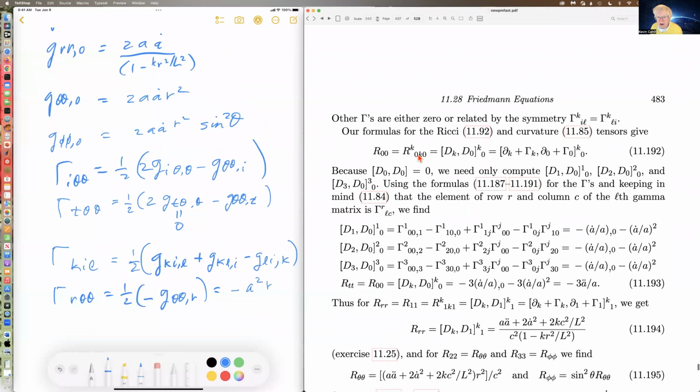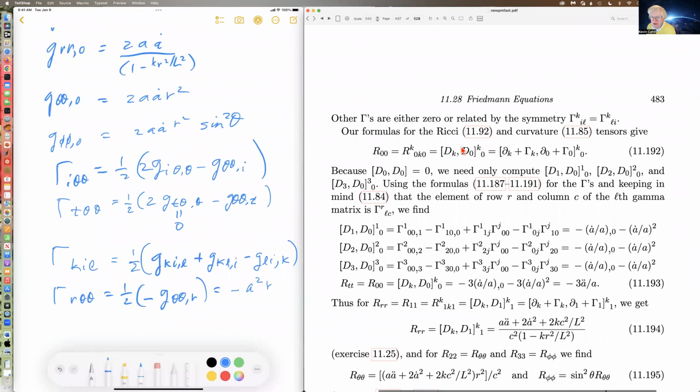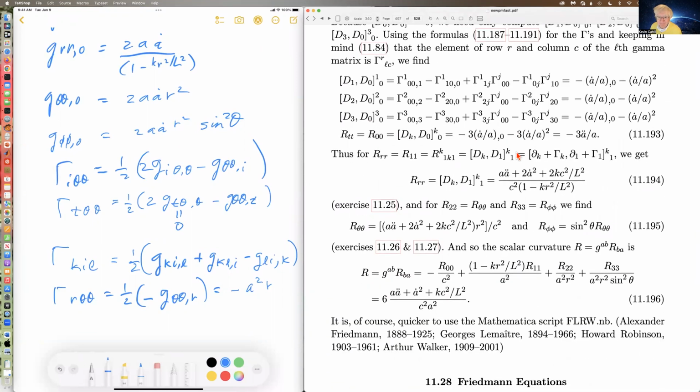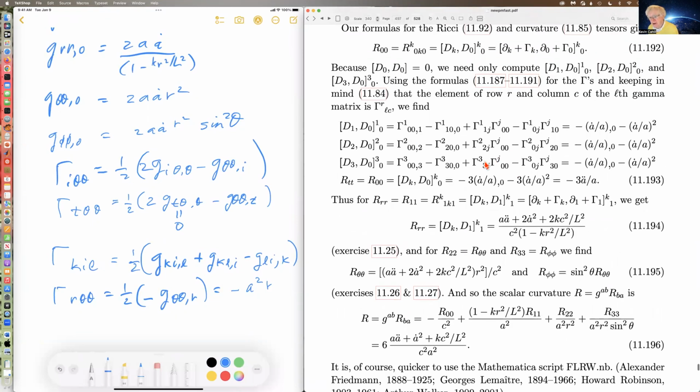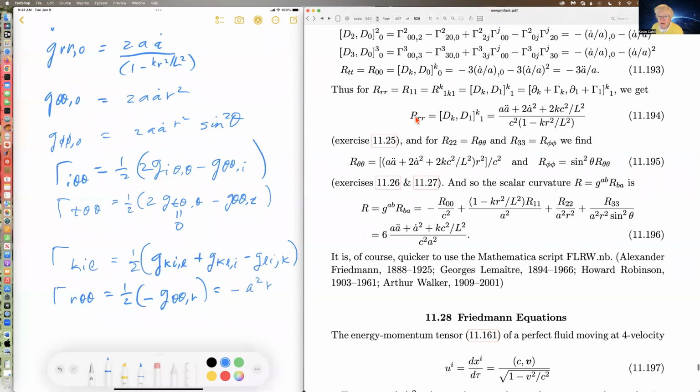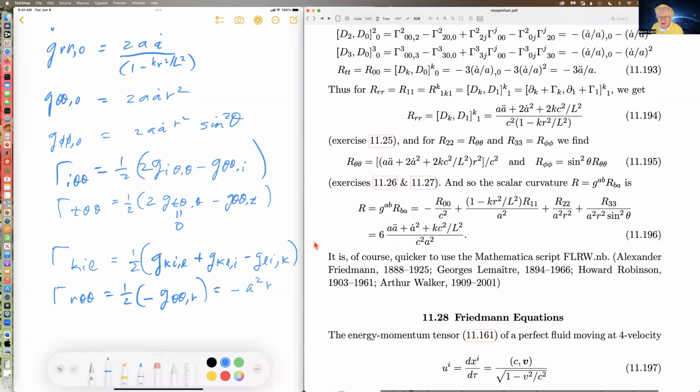For the Ricci tensor, our formulas were that, for example, R00 is a trace of the curvature tensor like this, and the curvature tensor can be written as a commutator of two covariant derivatives in a certain form. Let me just say that if you struggle through all this, you eventually find that the RR components of the Ricci tensor are this, the theta ones are this, the phi ones are this, and the Ricci scalar is this.